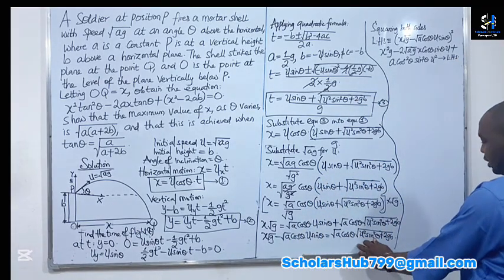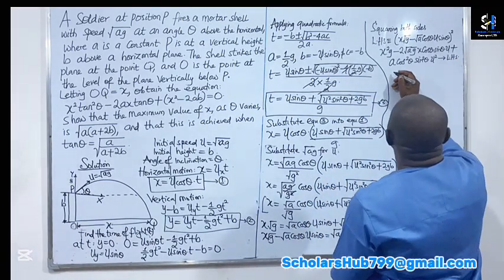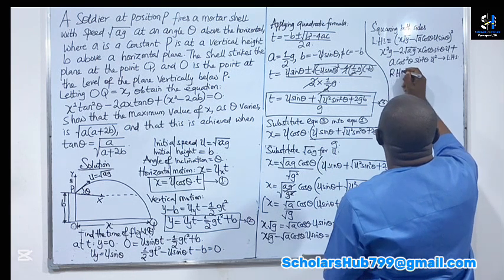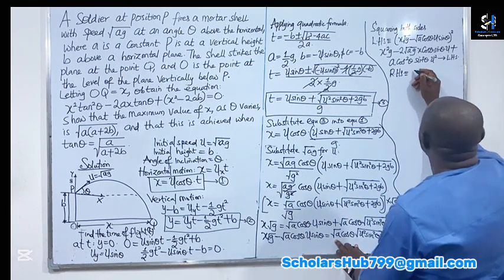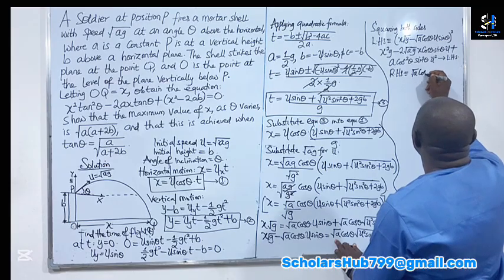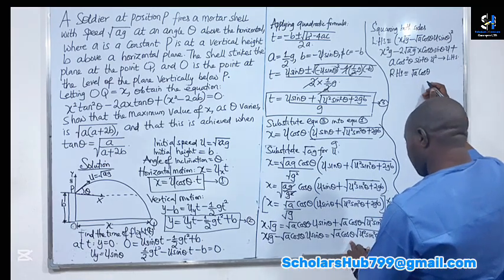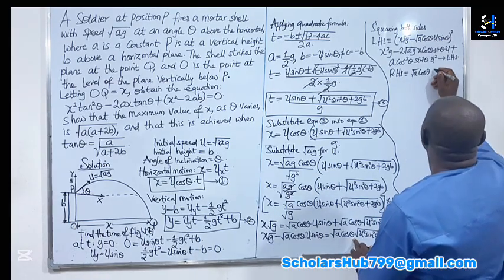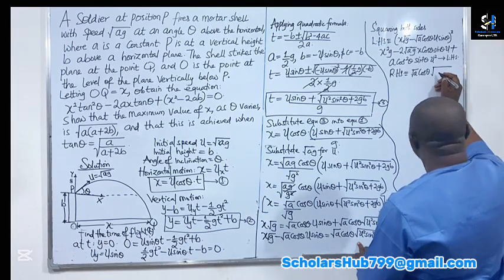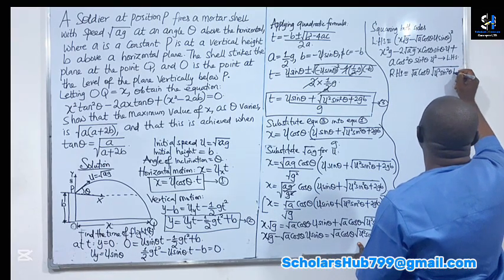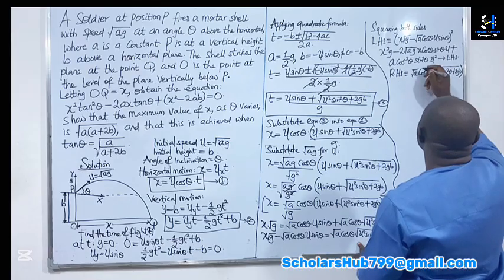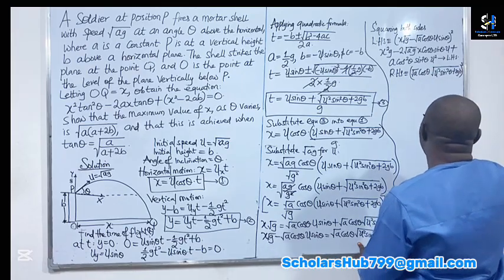Now let's deal with the right hand side. If you square the right hand side, we're going to get the square of root a cos theta multiplied by root u squared sine squared theta plus 2gb, raised to the power of 2.